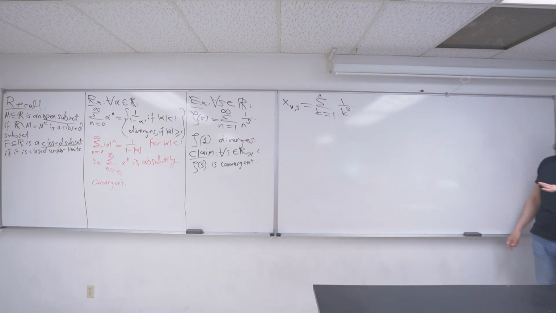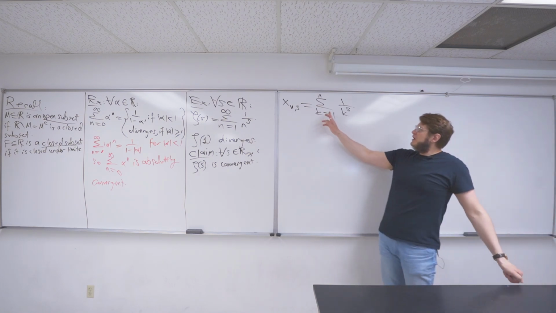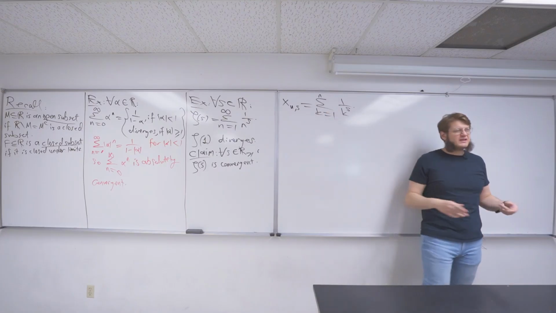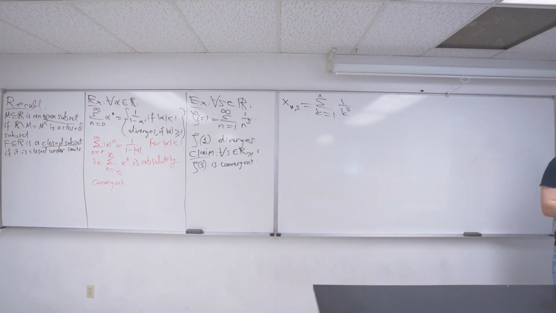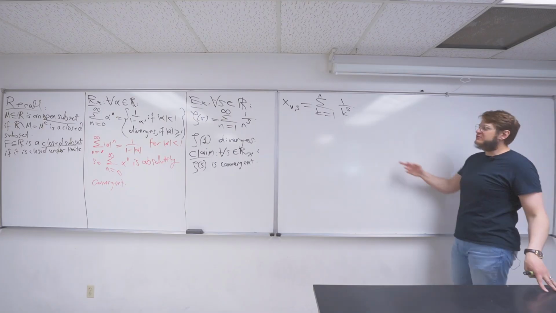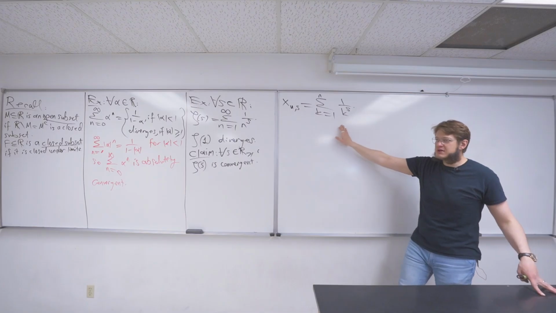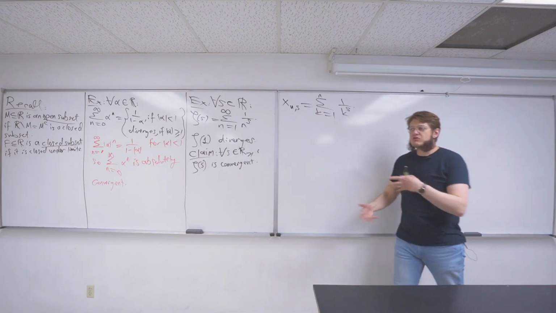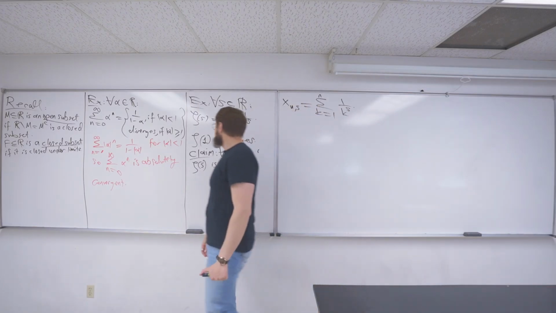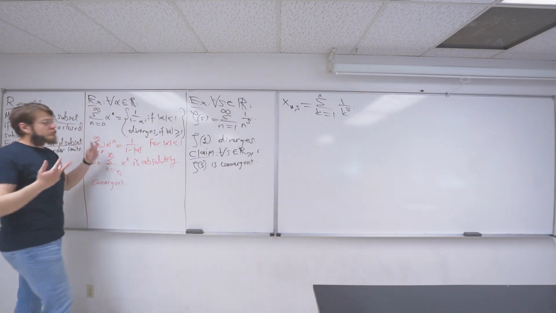Well, the nice thing about this is that I can think of any finite sum as the integral of some step function. And if I interpret this as the integral of some step function, then I can use some integral calculus to try to come up with some sort of bound.